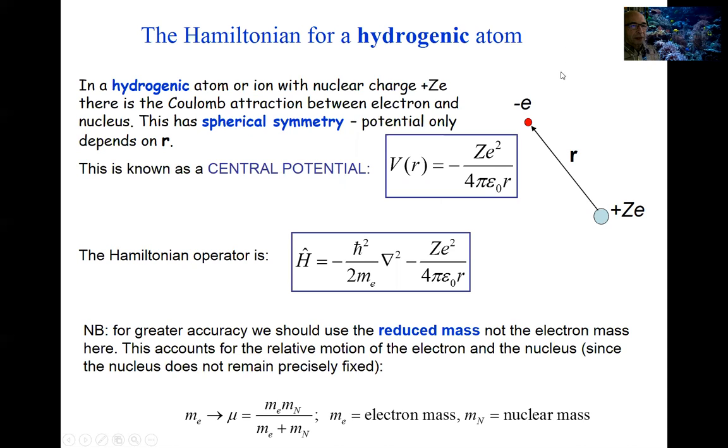So hydrogenic means that we have still one electron, but the nucleus may have charge plus Z. So for example, we may have helium, but we have stripped it of one electron and we have helium plus, and this will be a hydrogenic atom.